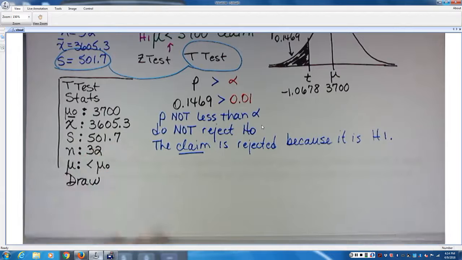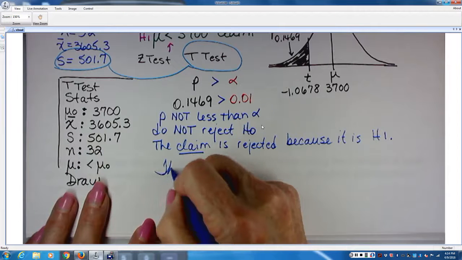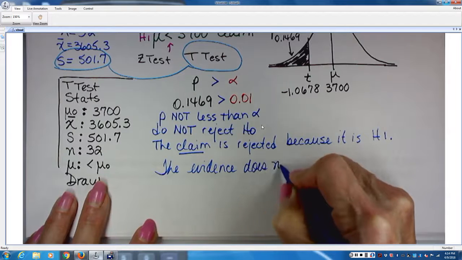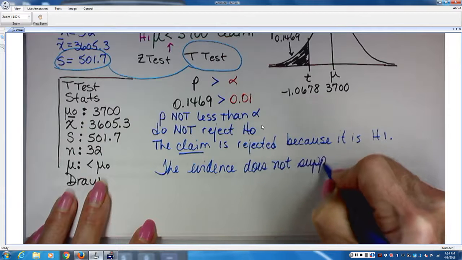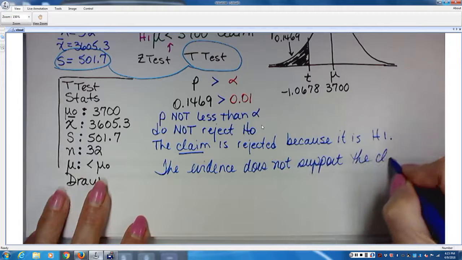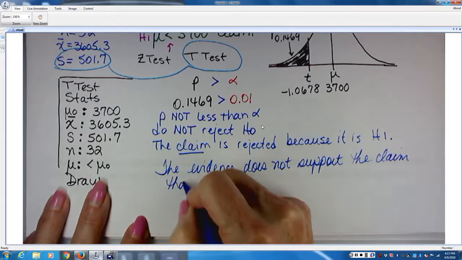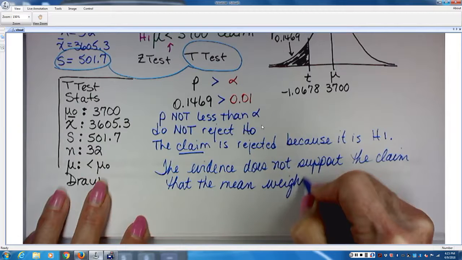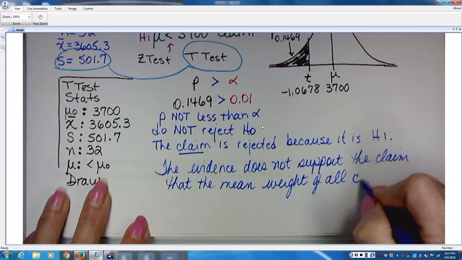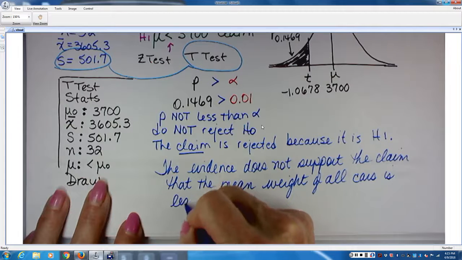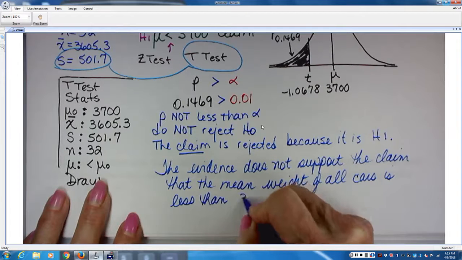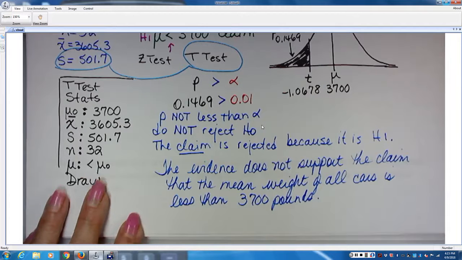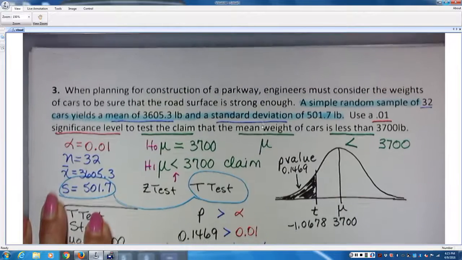So that means our evidence does not support the claim. So we haven't been able to support the claim. The claim is probably not true.